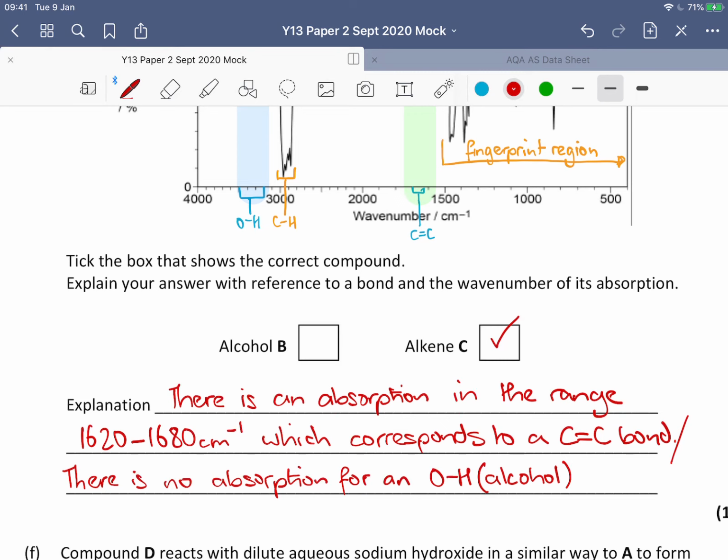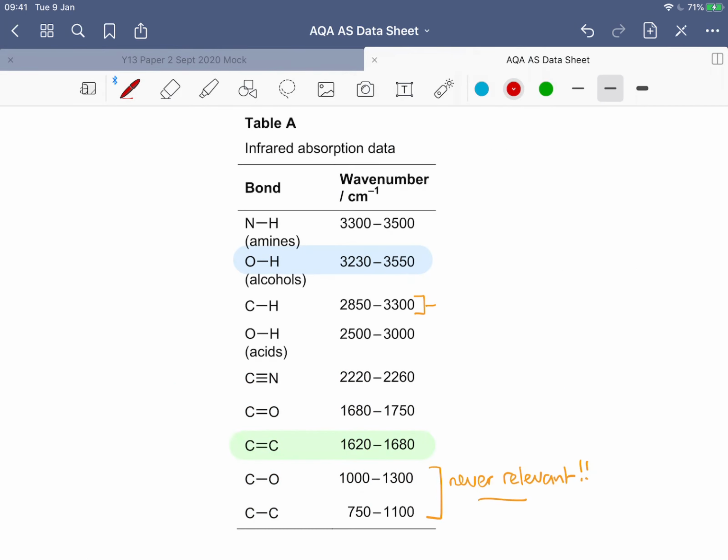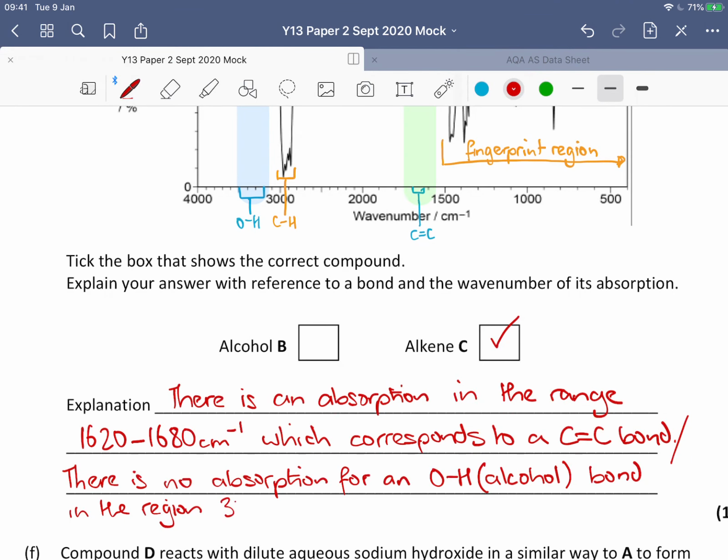For an OH bond in the region, and then we should put what the actual numbers are, 3230 to 3550. So you only have to put one of these statements, and probably it would be best to go for the alkene because that's the one you're saying is there. Okay.